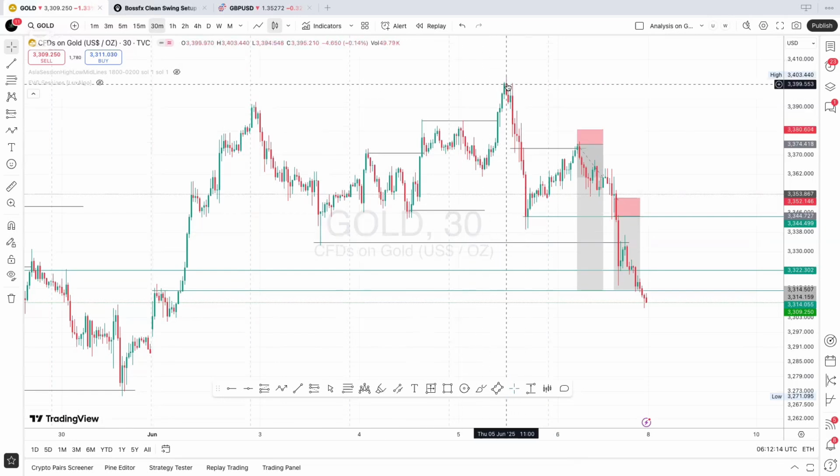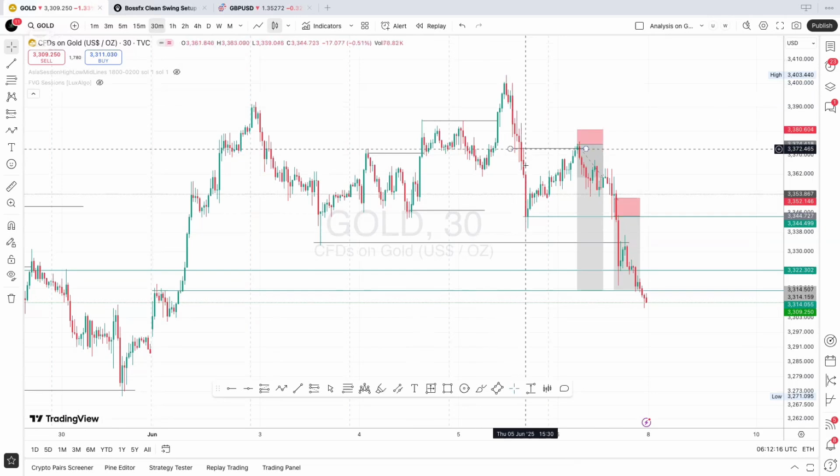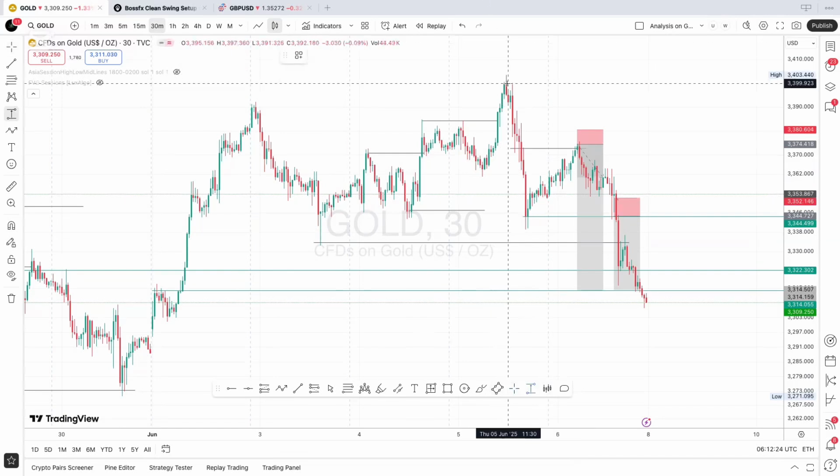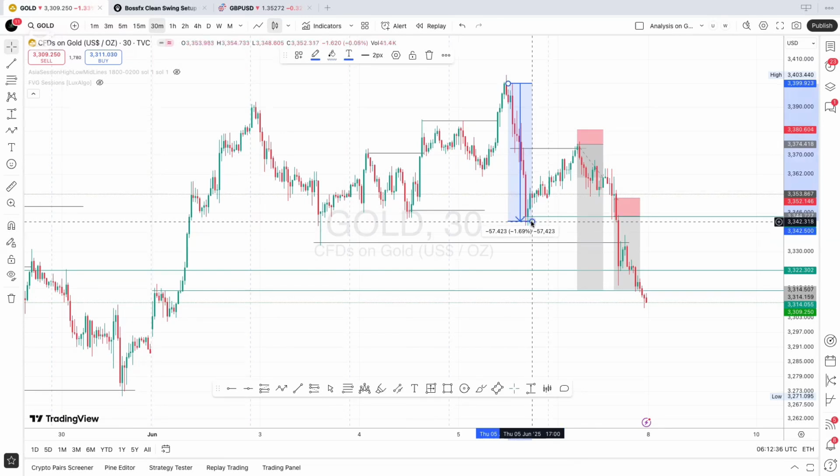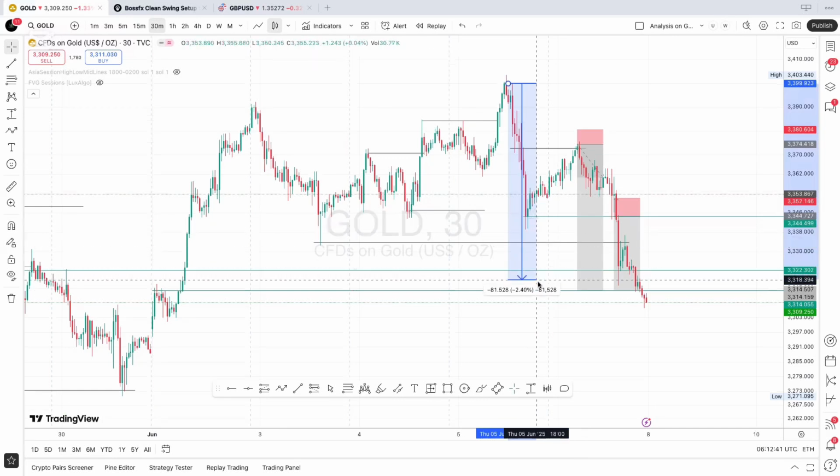After I saw the impulsive movement, it went on to give as many pips as, we're talking about 57 pips here just from this movement, and we have to multiply that. We're talking about 100-something pips.